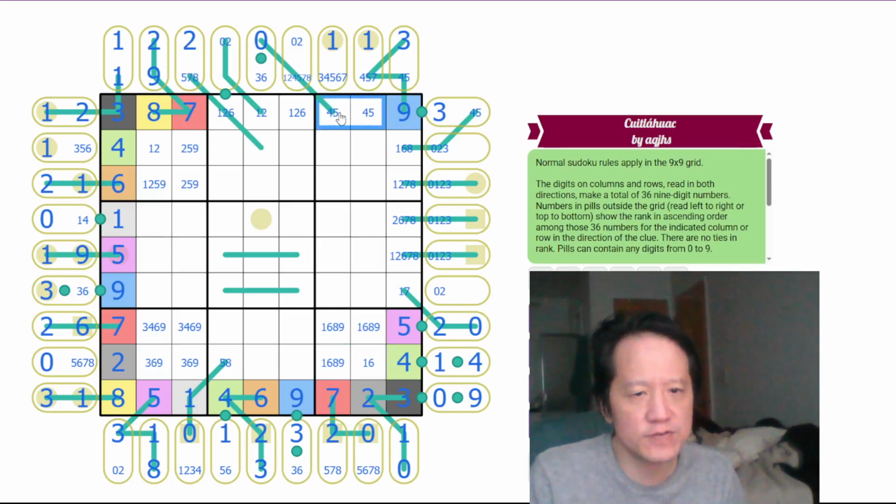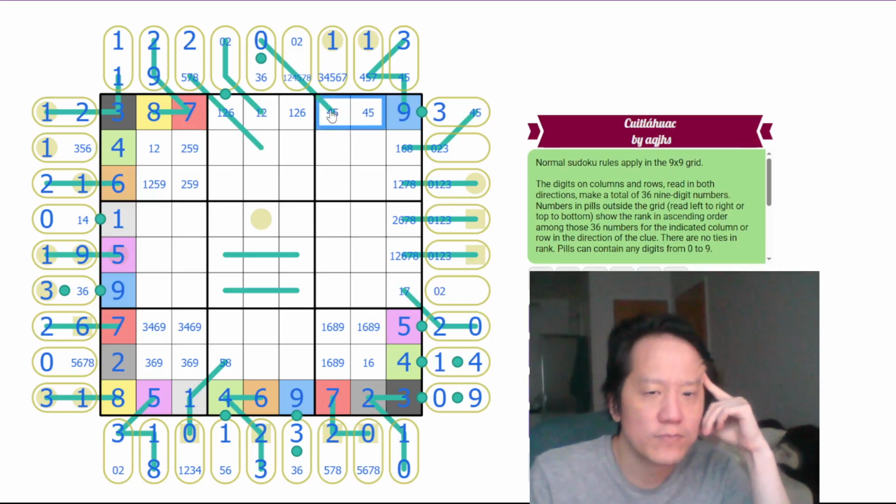So the 17th largest, the smallest 5 has to be one of these two. Interesting. Okay. No, we don't have anything there.